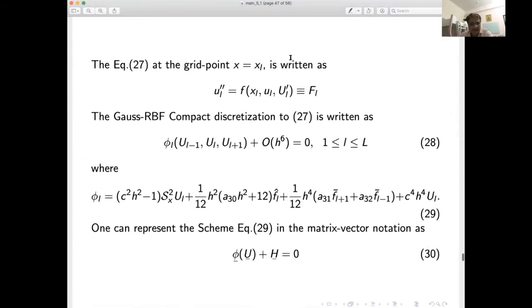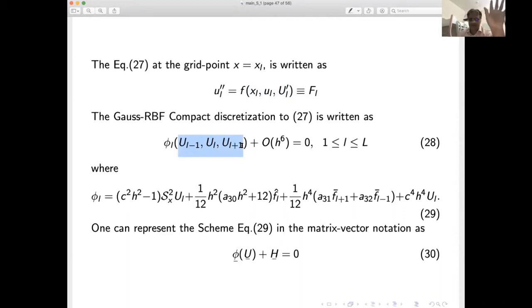Now, we can write the given differential equation at the point x_l as U_l double prime equal to function of x_l, U_l, U_l prime. And I am just going to denote this by uppercase F_l. Uppercase F means functional value with the exact value. Now, when you expand, you will get basically an equation in terms of U_{l-1}, U_{l+1}.